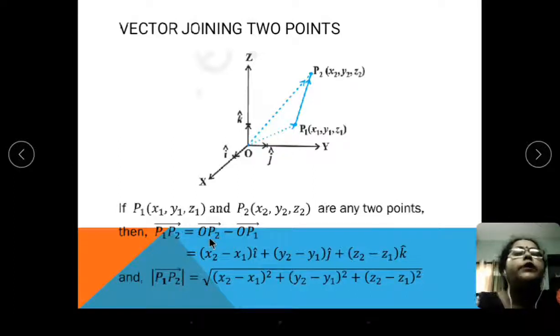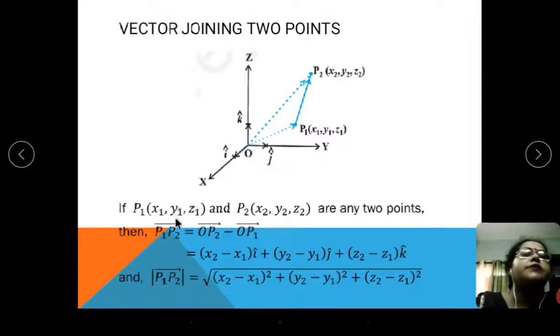And what is OP2? From our previous knowledge, OP2 will be x2 i plus y2 j plus z2 k, whereas OP1 will be x1 i plus y1 j plus z1 k. So if we subtract using the result shown in the previous slide, we get (x2 minus x1) i plus (y2 minus y1) j plus (z2 minus z1) k.